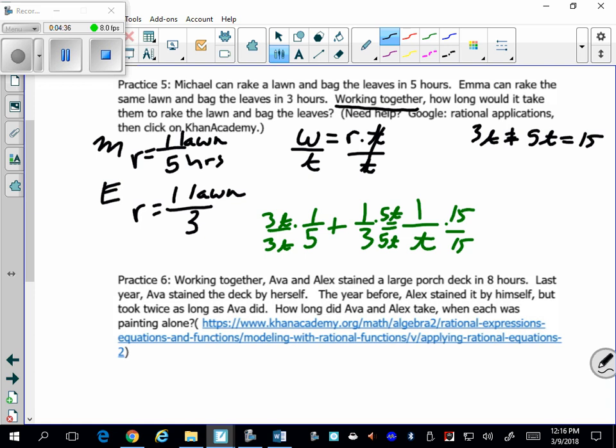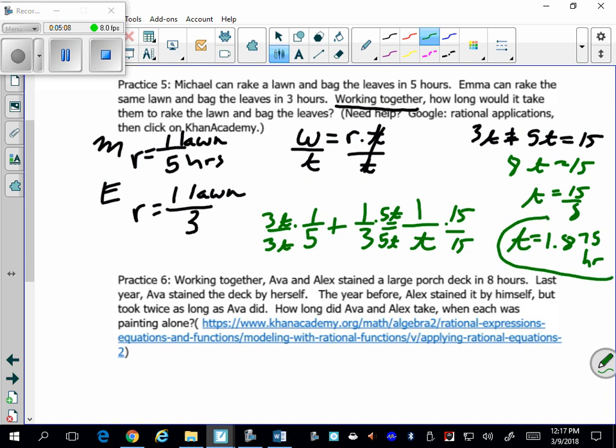So that's 8t equals 15. Divide by 8, you get t equals 15 over 8, which ends up being 1.875 hours. So they definitely do better working together.